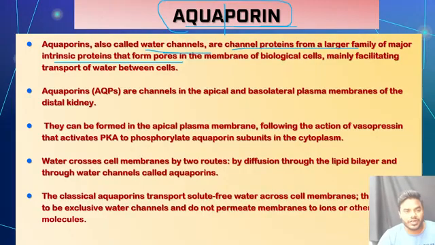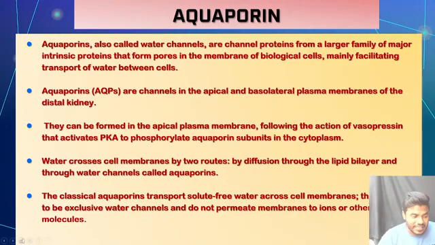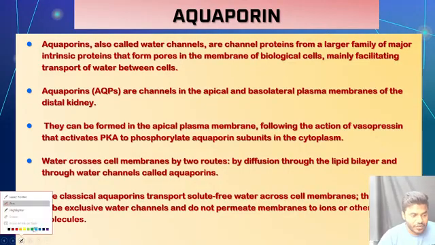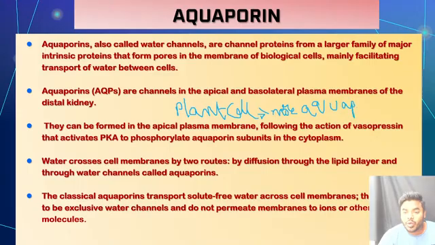But I want every student to remember one common point. When compared to the animal cell, the plant cell contains more aquaporins. Why, friends? Because a plant cannot move like an animal, right?